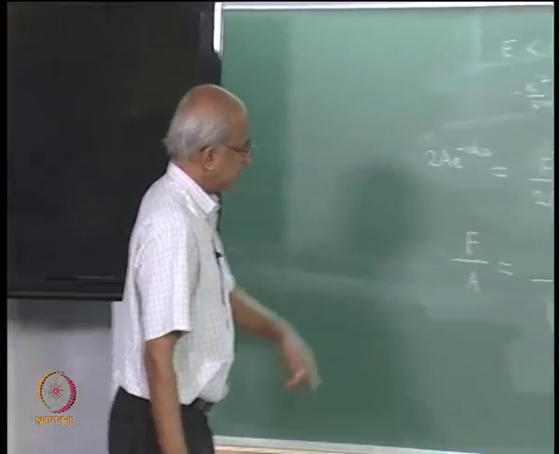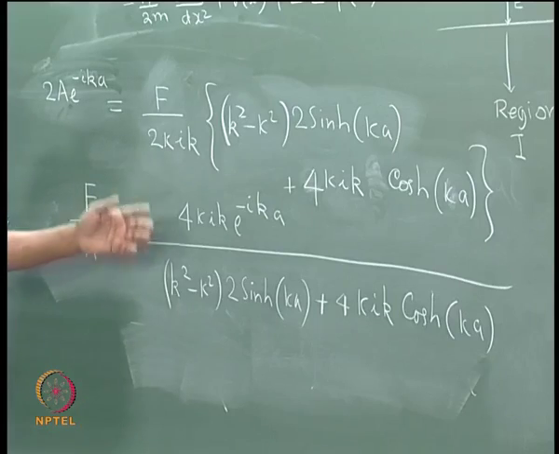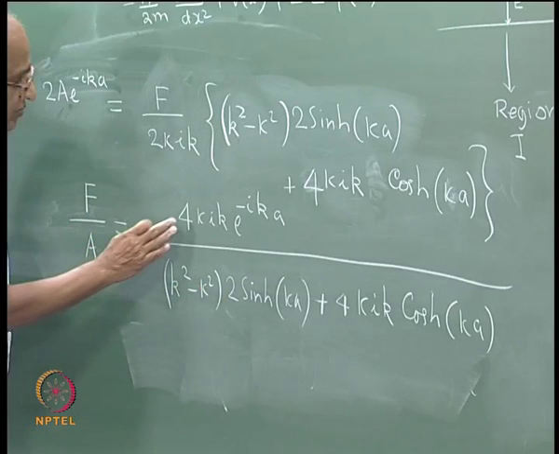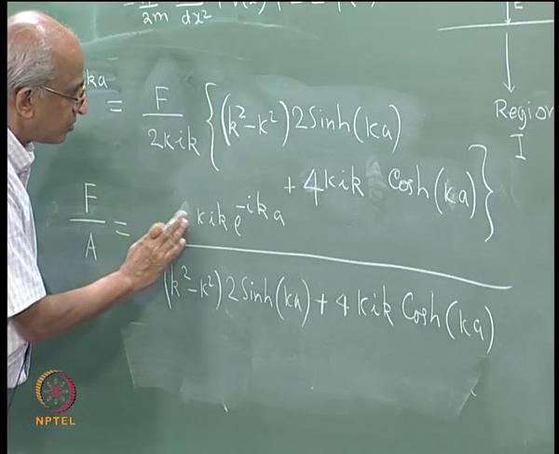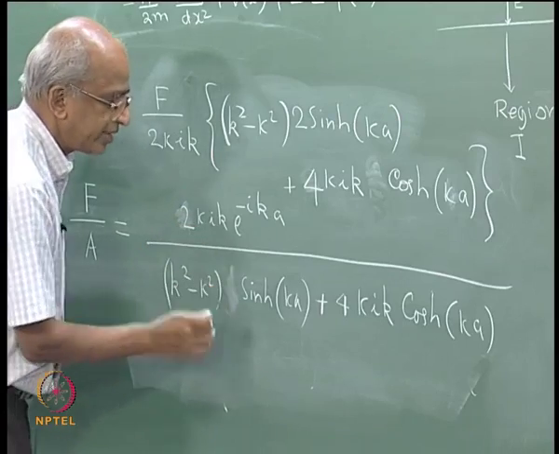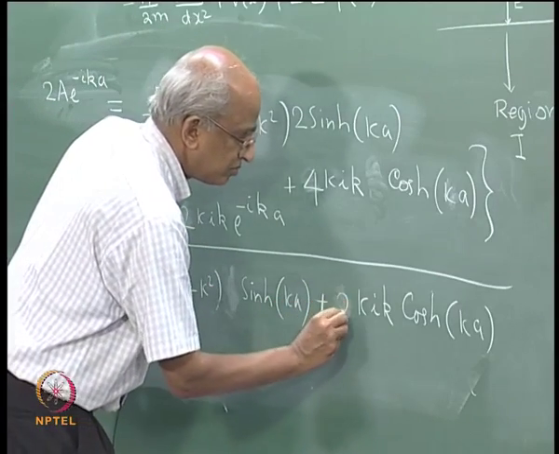And you can see that I can divide the numerator as well as the denominator by a factor of 2. If you divide it both by a factor of 2, the thing remains unchanged. So, this will become 2, this will become 1, and that will become a 2.